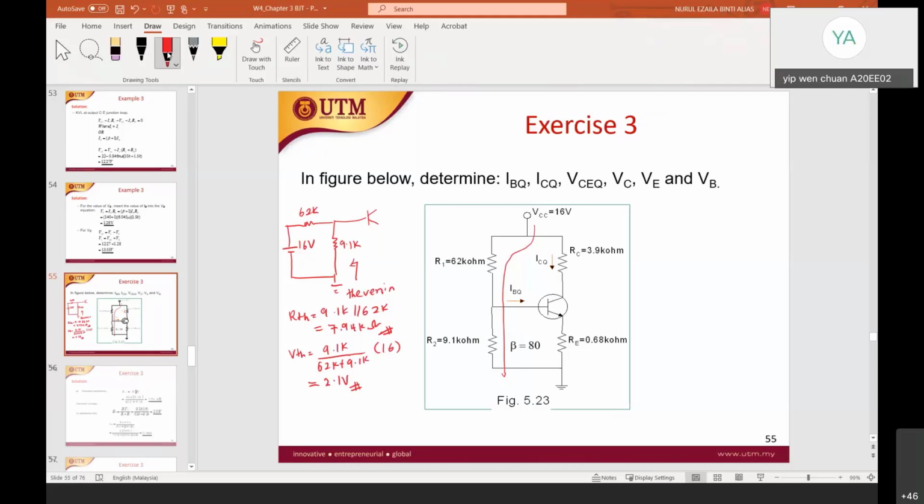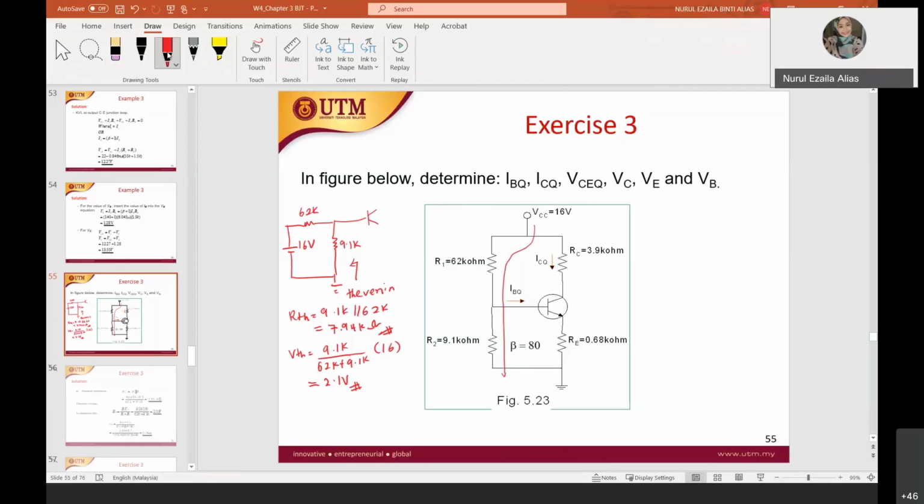I get 2.048, because I take more digits. I'm the same as Wen Chuang. I got 2.05, but we can make it 2.1, right? I calculate 2.05 volt, right?